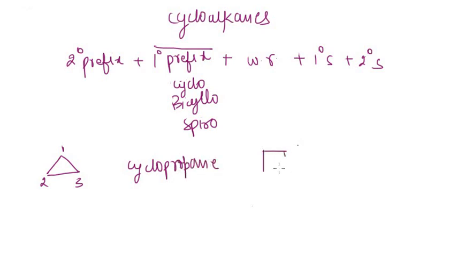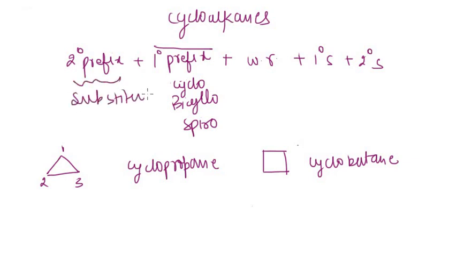Now if I make the chain of 4 carbons, it is cyclobutane. So what actually is happening? We do not have any 2 degree prefix, or we can say substituents here. Now we have the word root, and for the 1 degree prefix we use the name cyclo. So it is cyclopropane, cyclobutane.